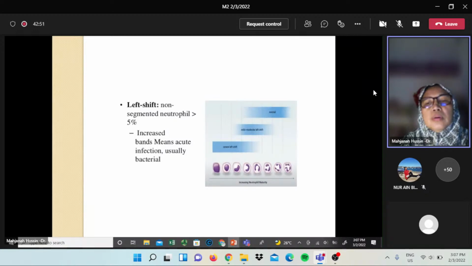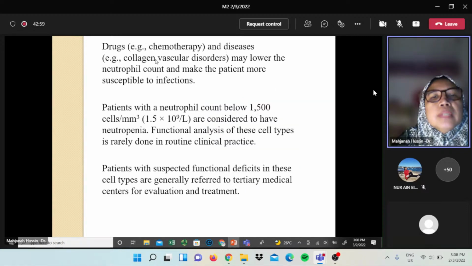Next, if there are people who have cancer treatment, they need to go through therapy. It may lower the neutrophil count, and the patient will be susceptible to infection.